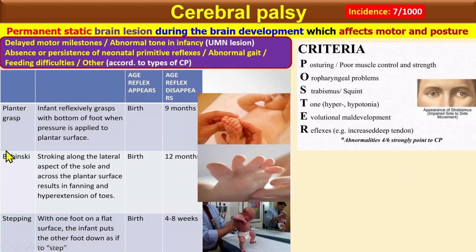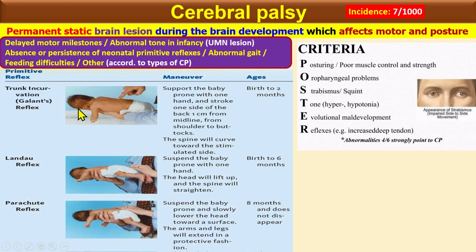When you stroke the lateral side of the sole, there is hyperextension of the toes. And the stepping: when you ground one foot, he tries to step forward by trying to put his second foot. This is common in the early 2 months.